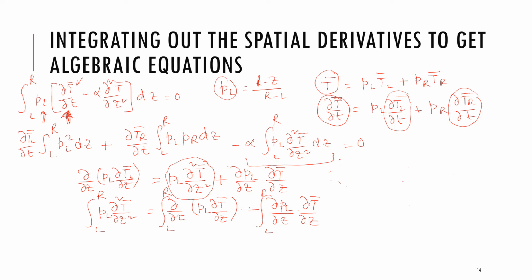you see this is the term that I needed here. This is the term that I needed here. And so now I integrate out this one, and this gives me PL ∂T̄/∂Z at R, because it's ∂/∂Z integrated over dz.